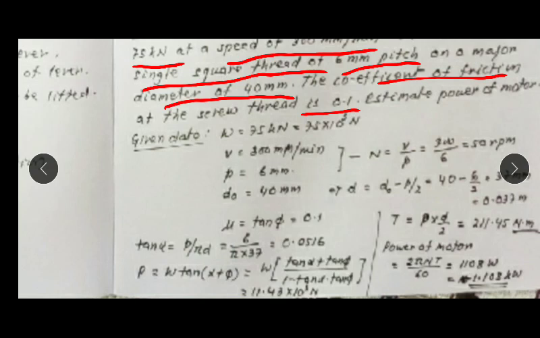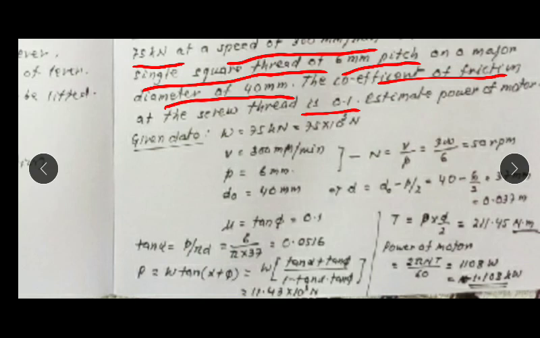By putting the value of W equal to 75 into 10 to the 3 Newton, tan alpha equal to 0.0516 and tan phi equal to 0.1, we get the force required at the circumference of the screw equal to 11.43 into 10 to the 3 Newton.